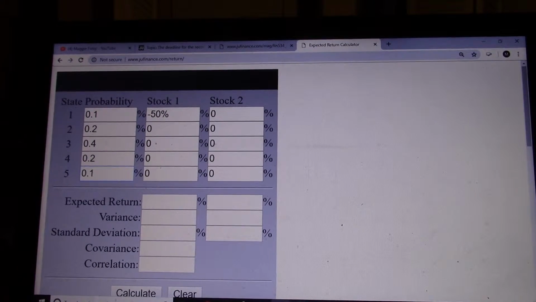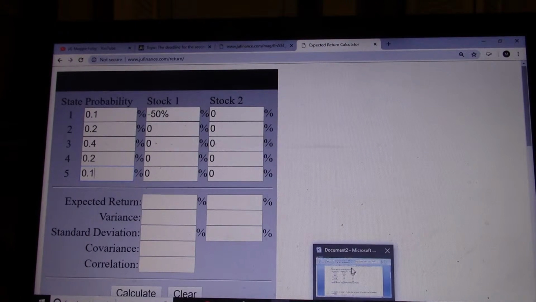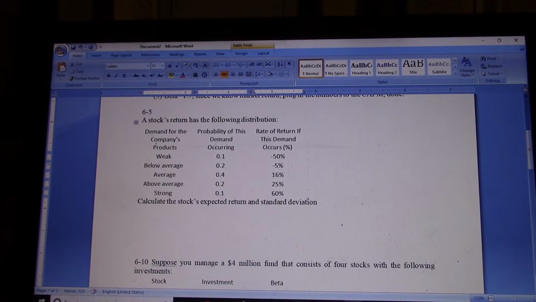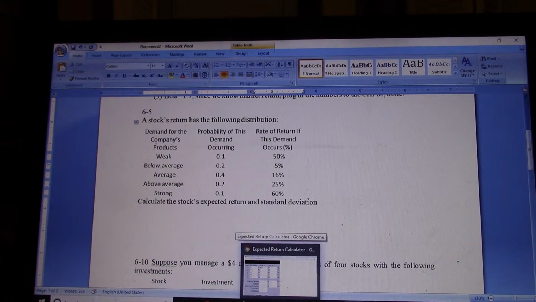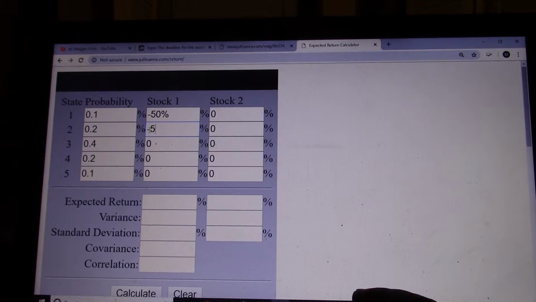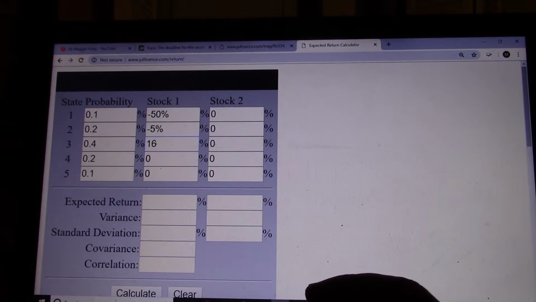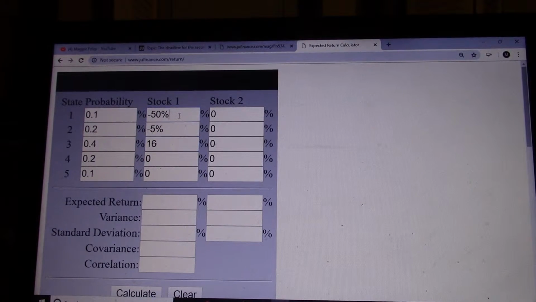And for the returns: -50, -5, 16, 25, 60. Yeah, you don't need to put the percentage. 25 and 60. Right, that's right. And then calculate.